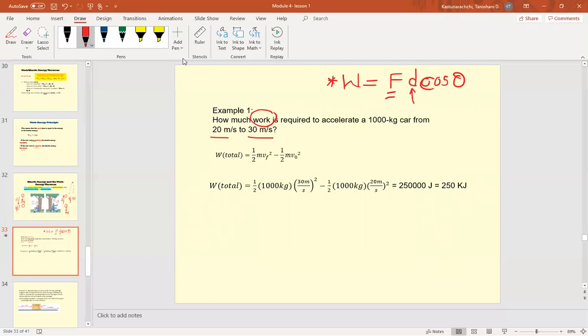And you could do that, but it's a lengthy way, right? You could directly use the work energy theorem, because total work done is equal to change in kinetic energy, which is half m v squared minus half m vi squared. You know v, you know the energy, you can find out the total work done.